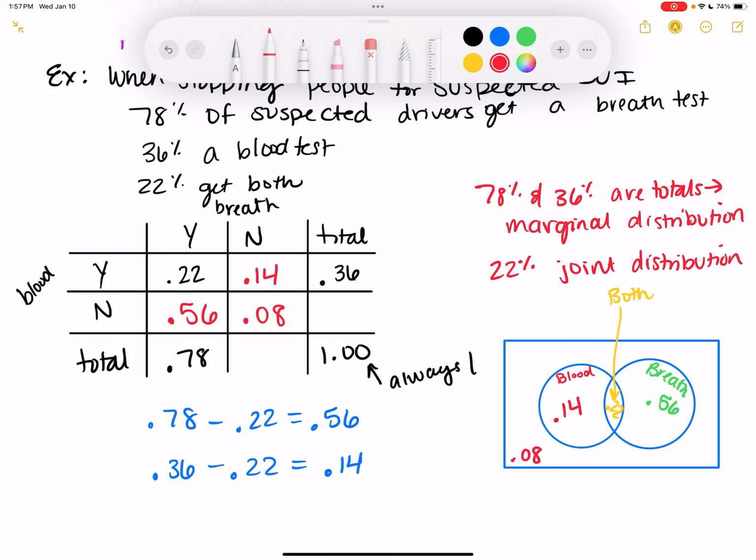They got neither. And then we just need to add up these totals that I haven't found yet. So this was going to be 0.12.